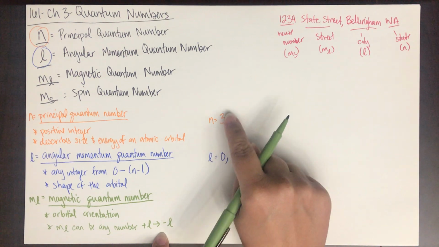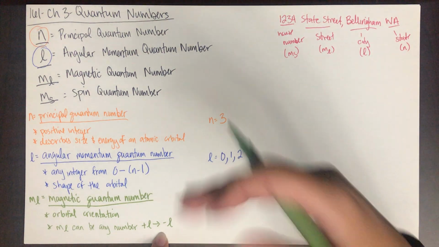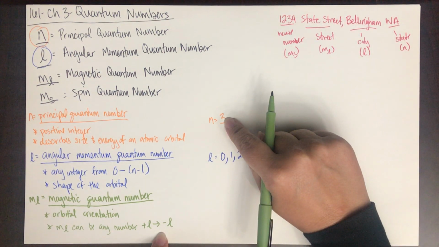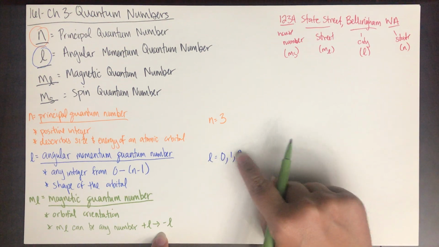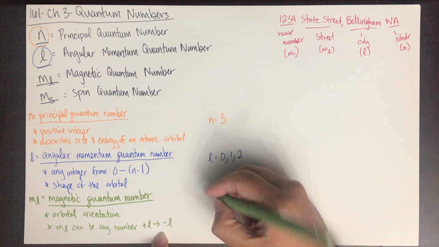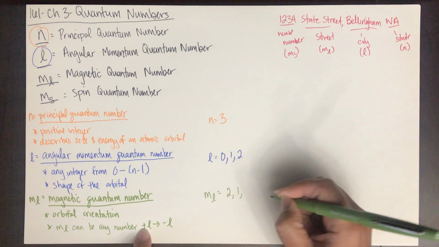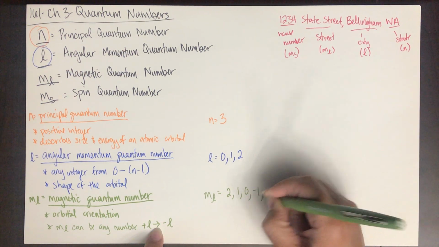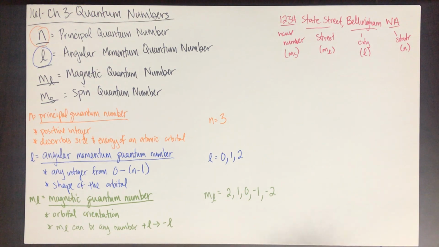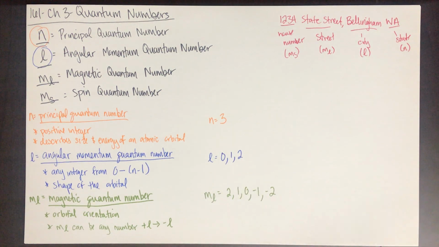L can be anything 0 to N minus 1. So each of these limits what the next one can be. So if N is 3, L can only be 0, 1, or 2. So because N is 3, and these are my options for L, that means M sub L can be 2, 1, 0, -1, or -2. So the previous quantum number limits what the next quantum number can be.